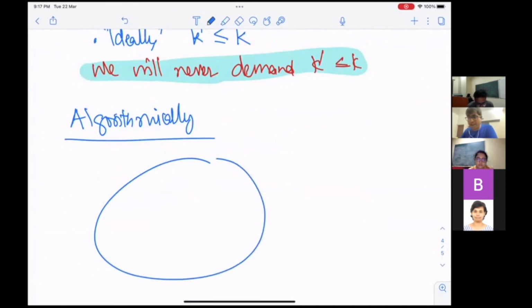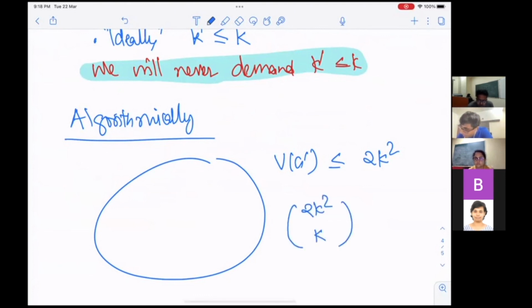Here it is. The vertex set of G prime is bounded by 2 times K square. So algorithm wise, it is 2K square choose K. What is this running time? Anybody?